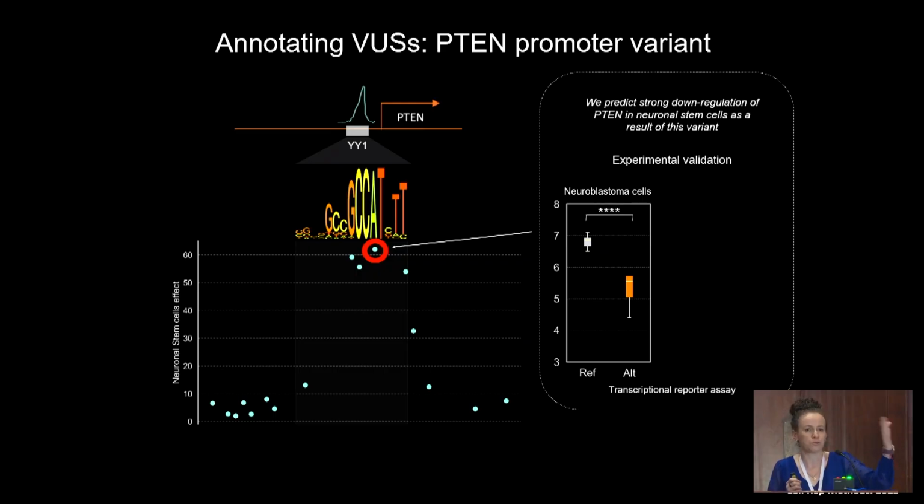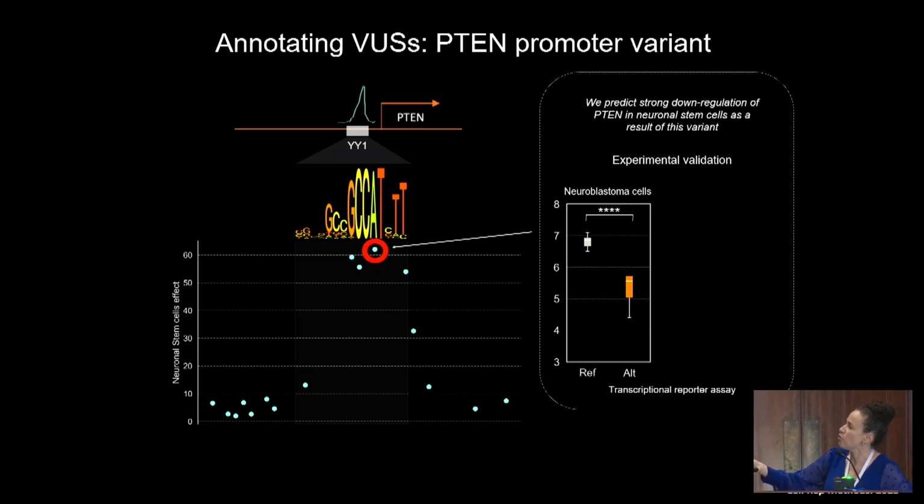That was as close as we could get to fetal development in neurons before this model. When you look at these 20 or so variants that ClinVar classifies as uncertain significance, on the y-axis is the prediction from our model of how disruptive these variants are, specifically in neuronal stem cells.